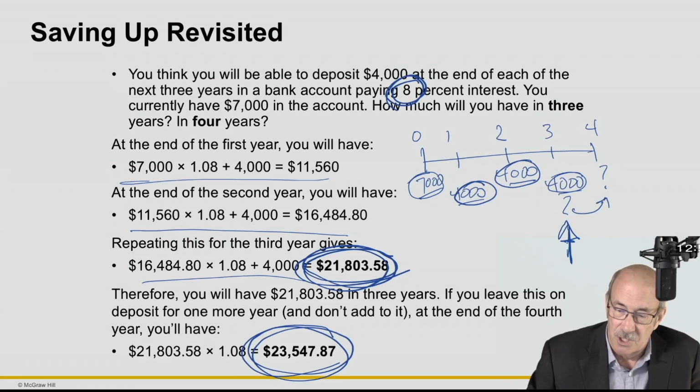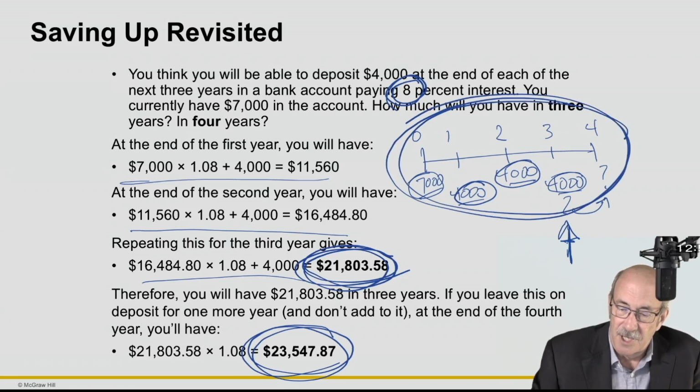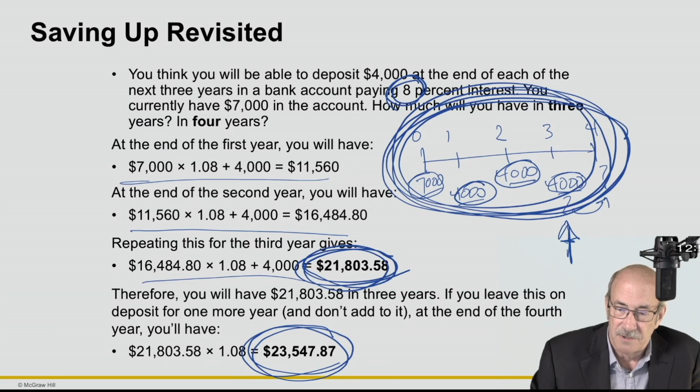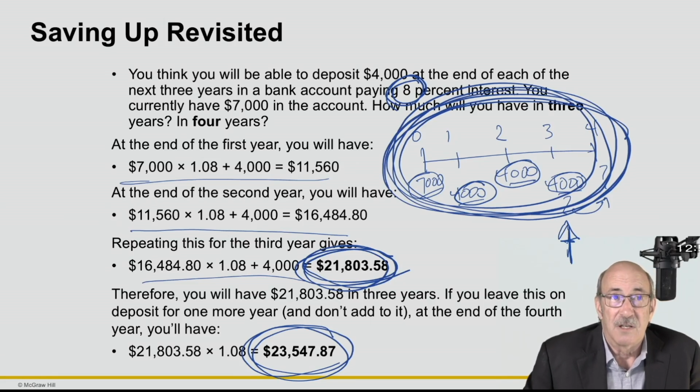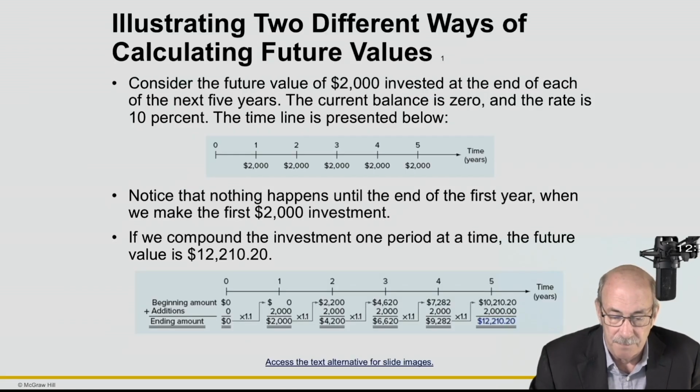I would still recommend, though, that you lay this out as an aid to make sure that you're accounting for all the cash flows and make sure that you're accounting for each cash flow at the correct time. These timelines are invaluable. This just is showing you we talked already about 2 different ways to do things.